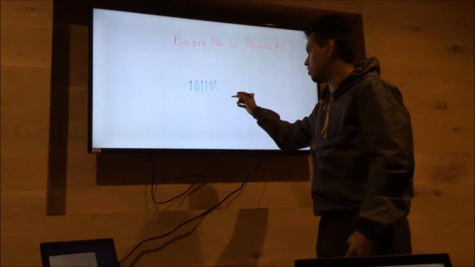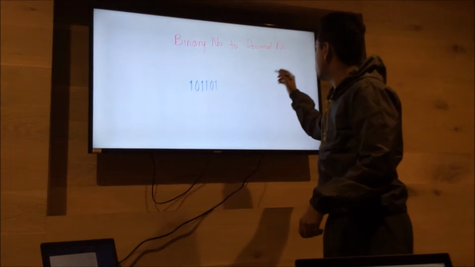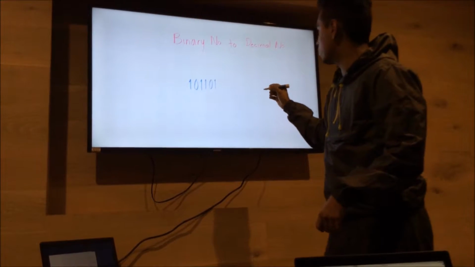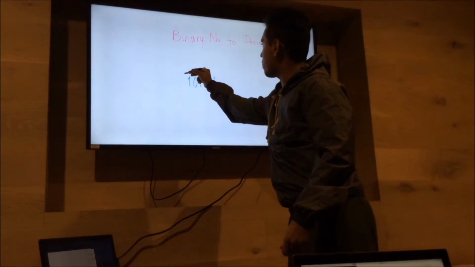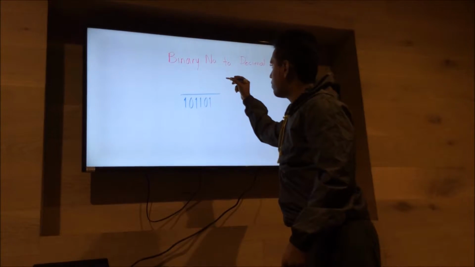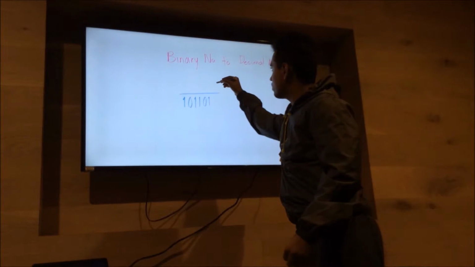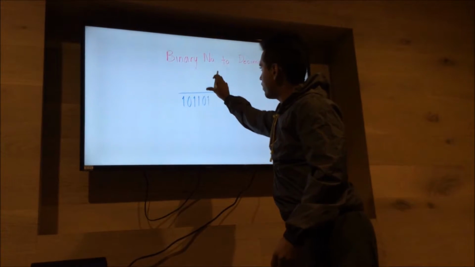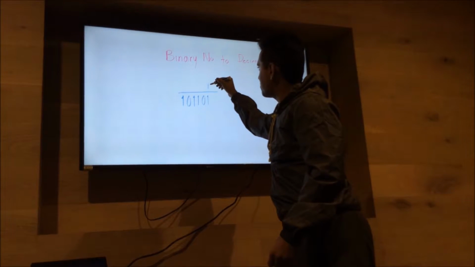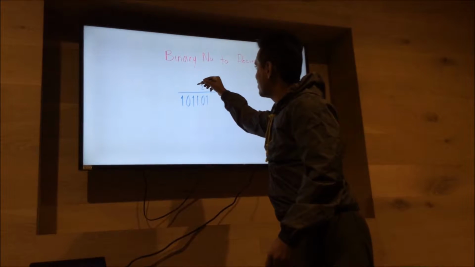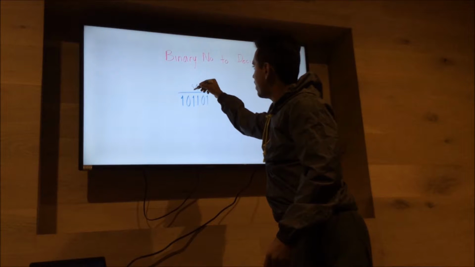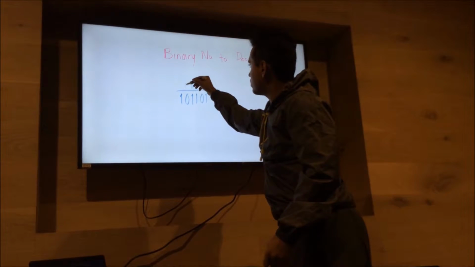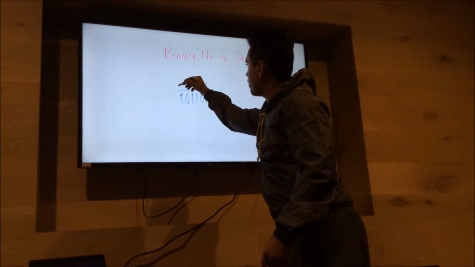To change it to a decimal number, we're just going to place the powers of 2, which are 1, 2, 4, 8, 16, and 32.